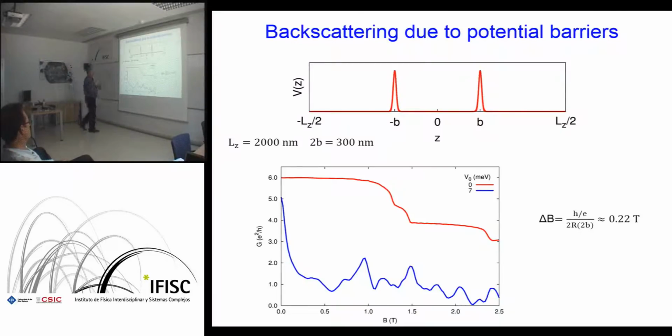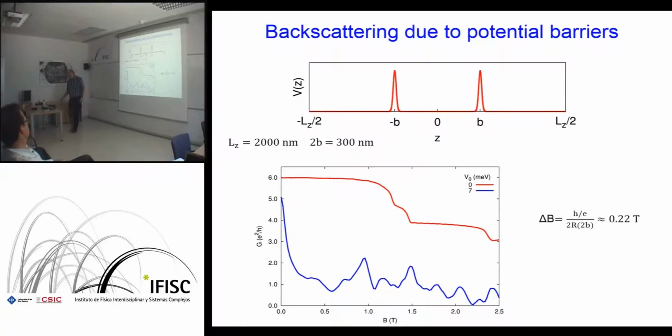Whereas without the potential barriers, we get some steps in the conductance versus magnetic field. So all these steps will be with very, very small oscillations because of the magnetic barriers, but the effect is very small.